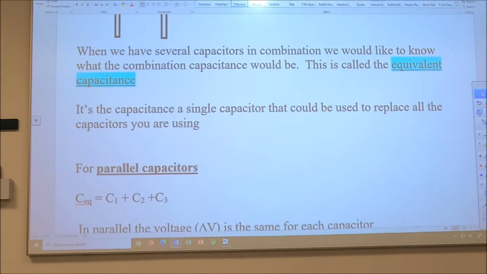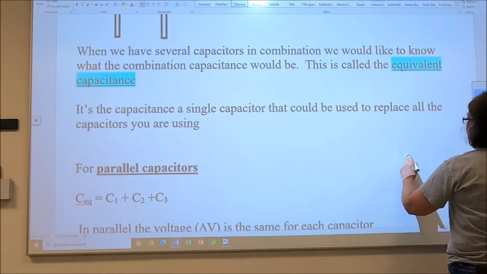Now, they make capacitors in standard sizes. Sometimes we need odd capacitances. So we need to know how we can combine capacitors of uniform sizes to get the capacitance that we want for a circuit.